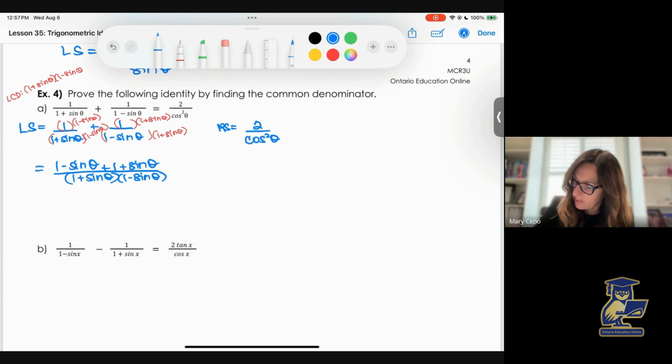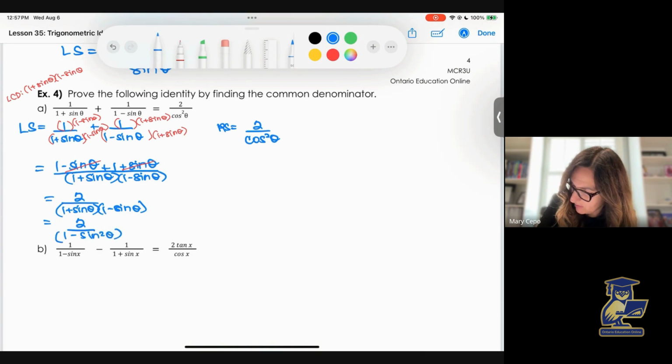So simplifying, we have 1 plus 1, which would be 2. The negative sign plus sign would just be 0. And of course, we have 1 plus sine theta, 1 minus sine theta, which is the same thing as 2 over 1 minus sine squared theta, because of the difference of squares.